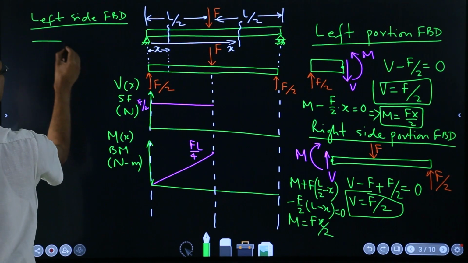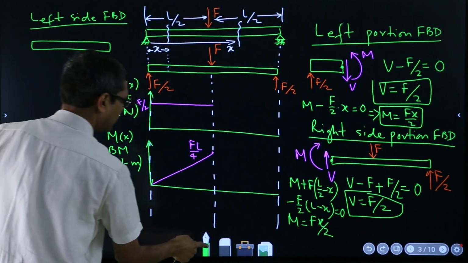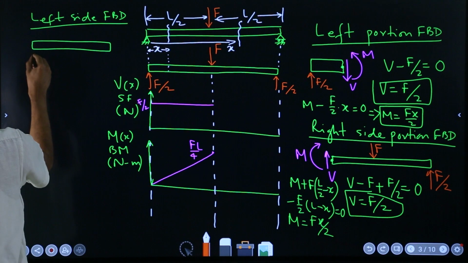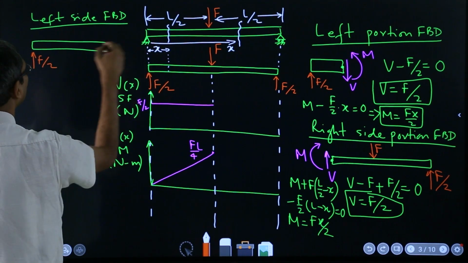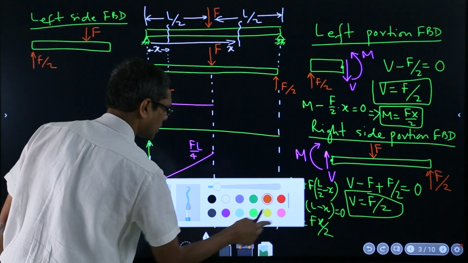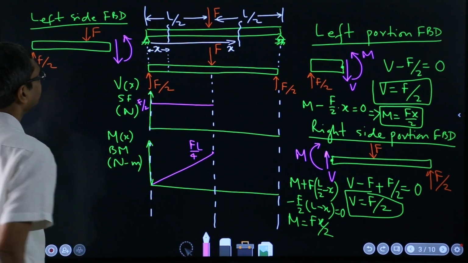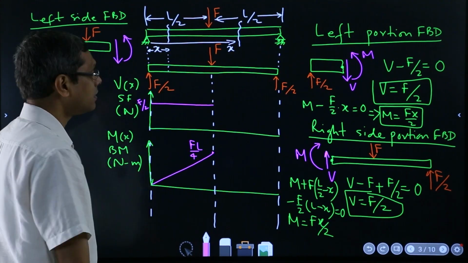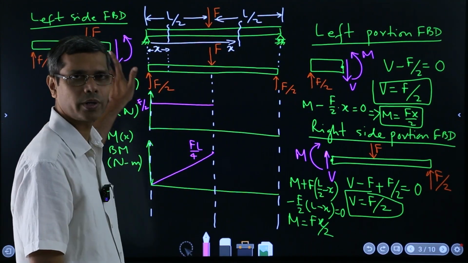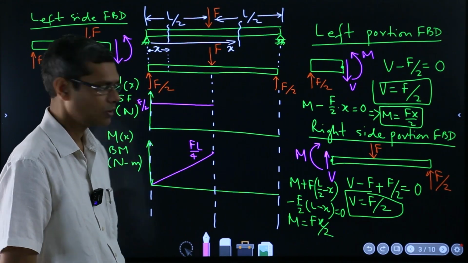So now it's a longer side, this one, okay. And then the forces are, what are the forces? Here it is F over 2, here it's F, that's it, and the shear forces are like this, and bending moment. Fine. And then exactly in the same way you have to write the equations of force balance and moment balance, and you will get the equation for this portion, okay.